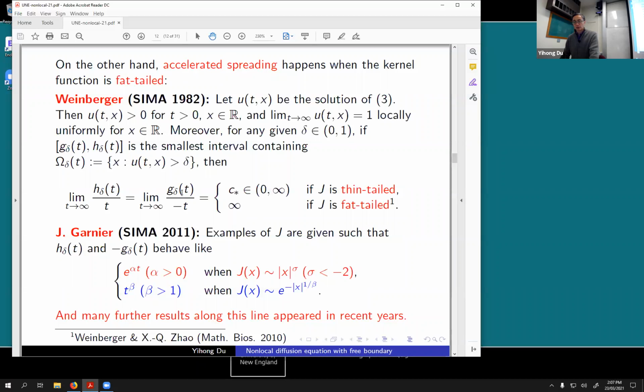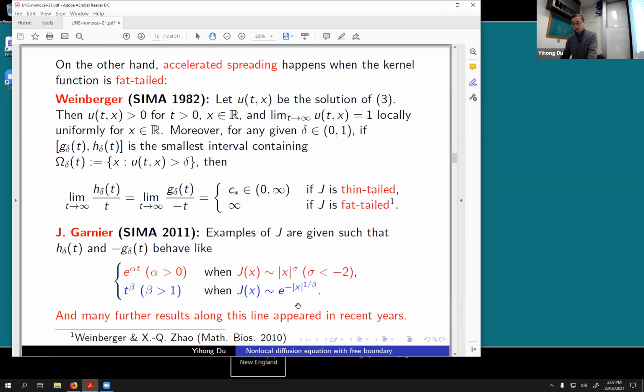So the ratio gets bigger and bigger. And how fast can this go to infinity? Now, this recent work of Garnier checked some typical kernel functions. If the kernel function for large x behaves like that, with sigma less than minus half, that's a fat-tailed kernel, and then these two functions, minus g and h, positive h delta, would behave like this exponential function, much faster than t.